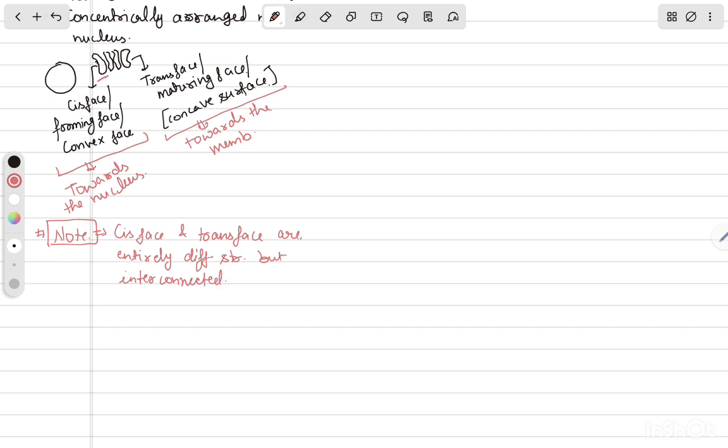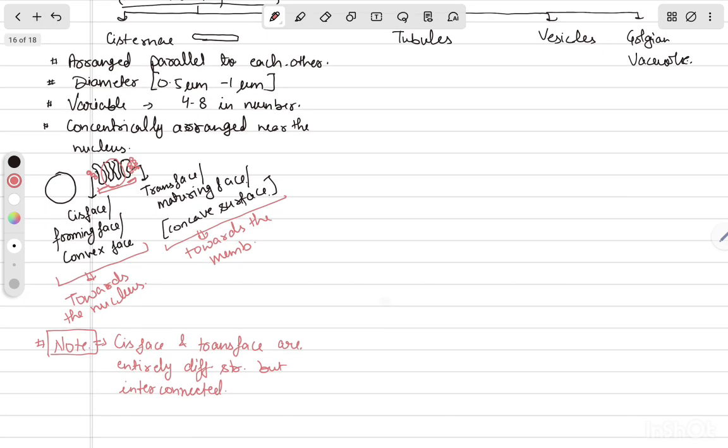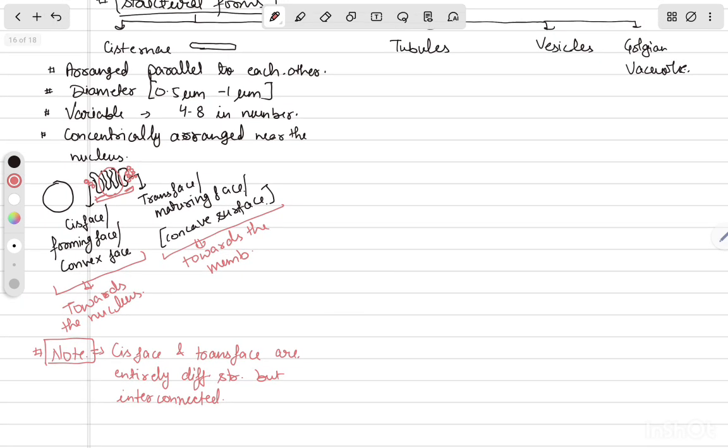Suppose this is cis phase and this is trans phase. This is interconnected with the help of cisternae. So basically cis phase will receive the protein synthesized by RER and trans phase will release the protein modified by these network of cisternae. So that is why the network of cisternae is present in Golgi apparatus.